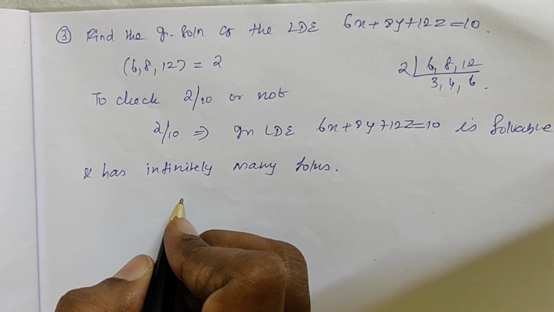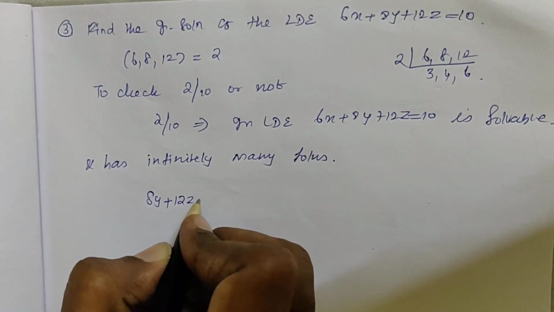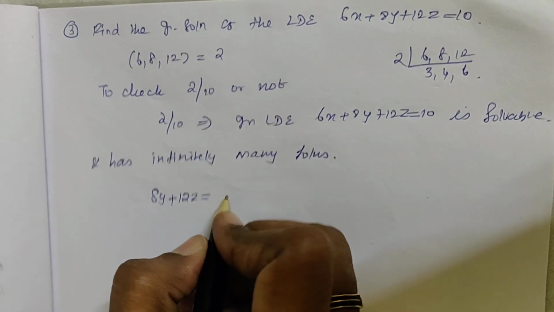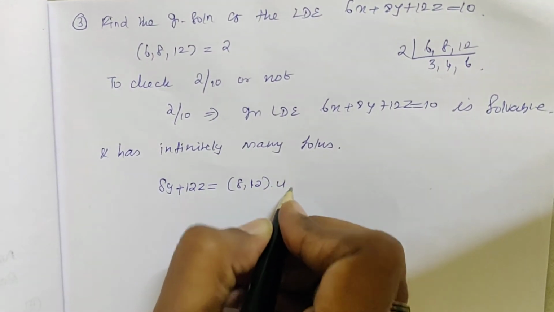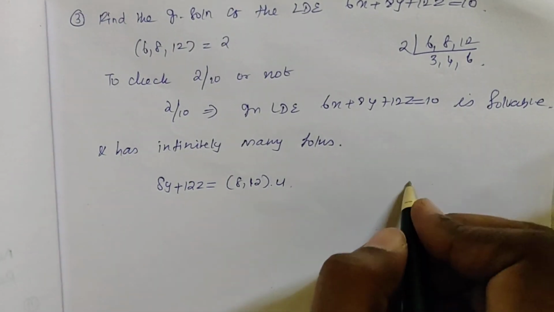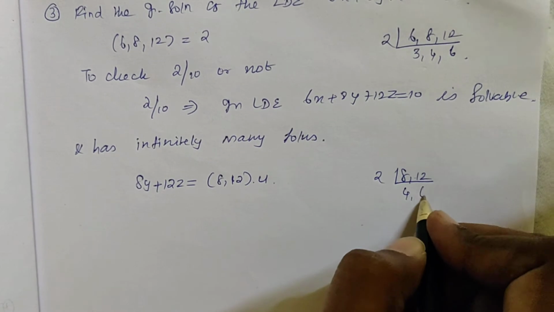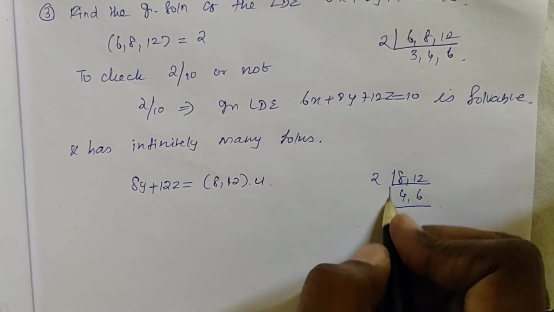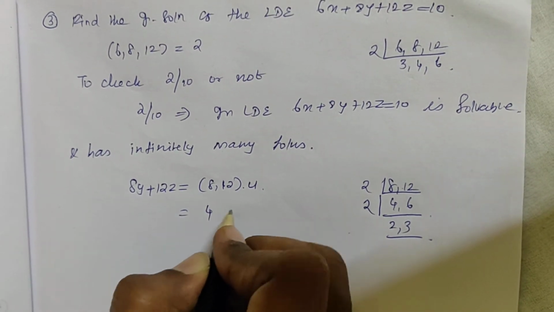For that you have to use the logic as 8y plus 12z equal to GCD of 8, 12 into a single variable u. The GCD of 8, 12 is 4.